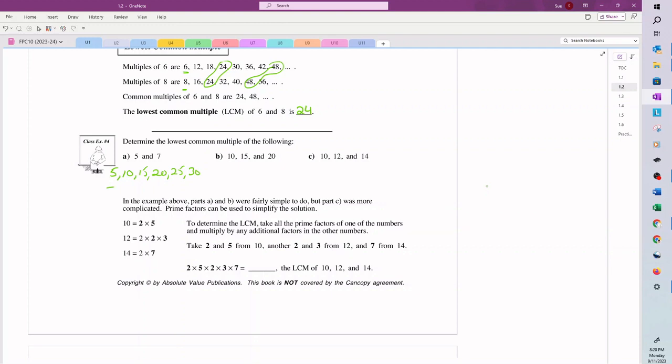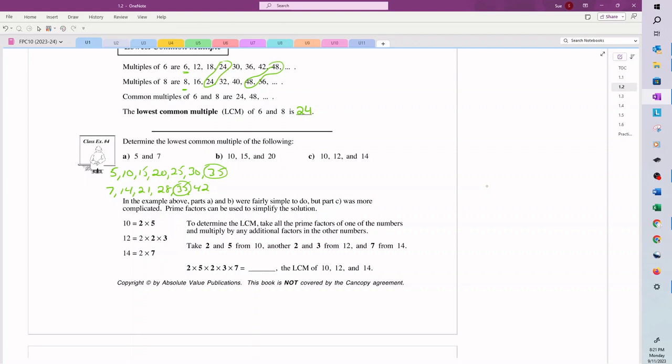And the multiples of 7 are 7, 14, 21, 28, 35, 42. Now I haven't found a common multiple yet. Maybe I'll go back up here and continue listing these. And the next one is 35, which, oh yay, that one does actually show up in both lists. So my lowest common multiple of those two is 35.